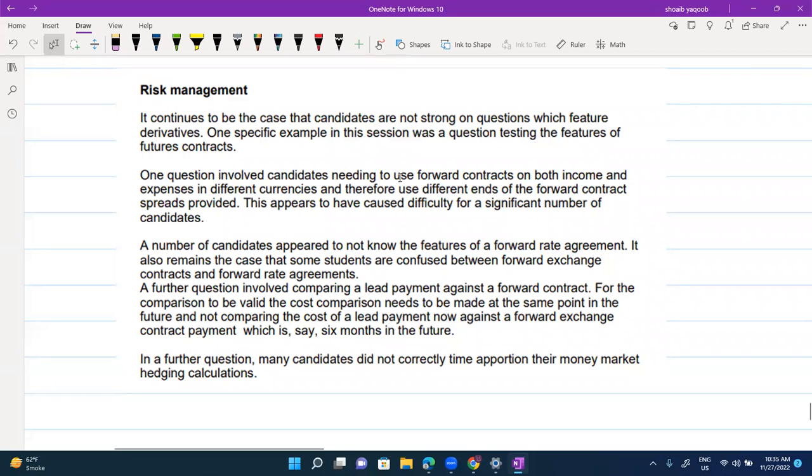One question, all candidates needed to use forward contracts on both income and expenses. The income was a kind of export and the expenses were a kind of import. Please read all these 4 paragraphs.